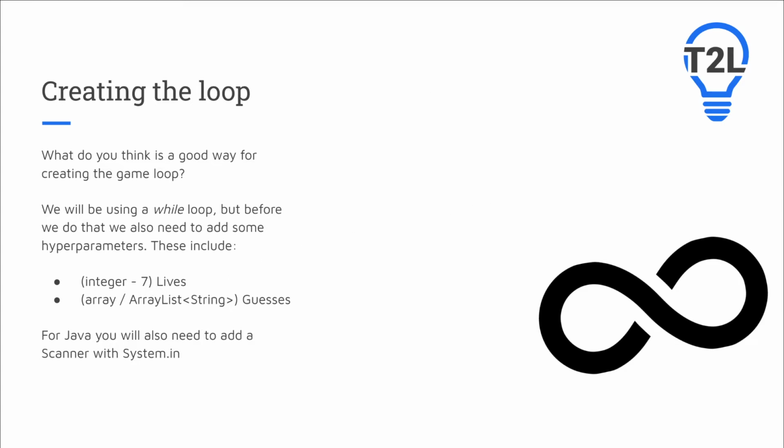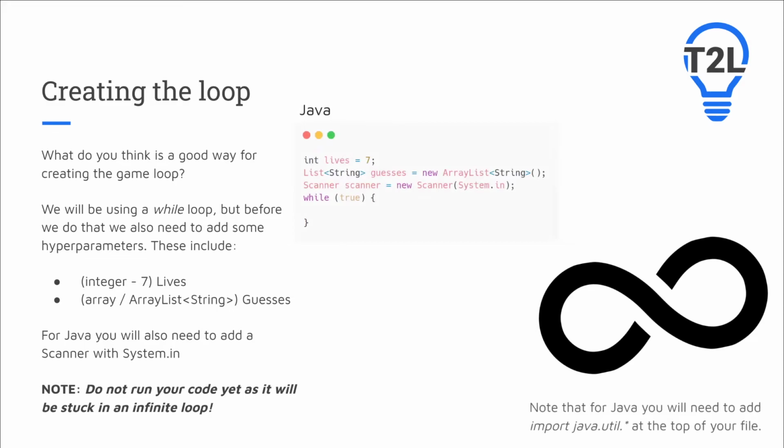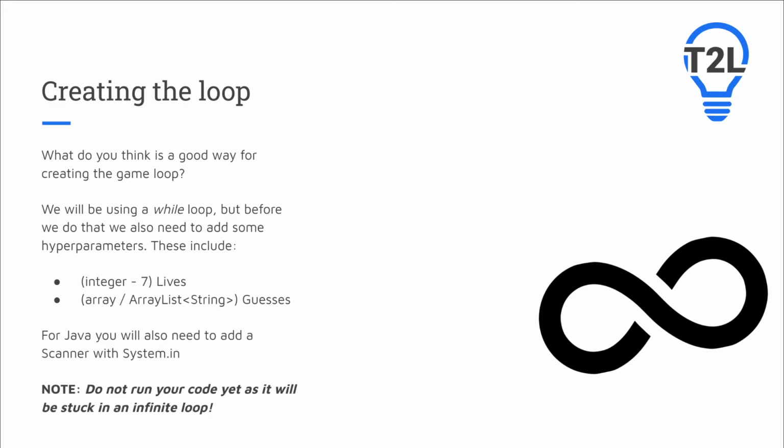I'll go over that. And with Java, you're going to want to import java.util.asterisk so you get all the stuff. I typed that in chat. That just brings in the array list and the scanner.